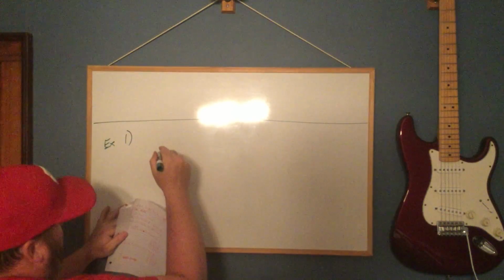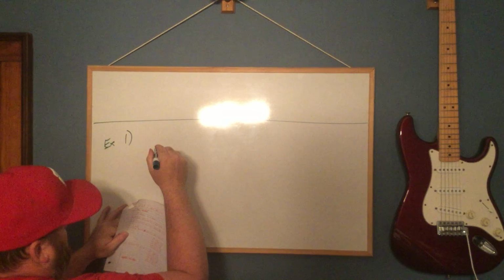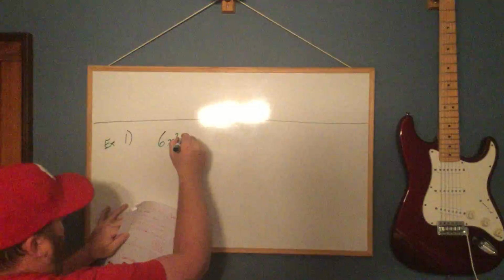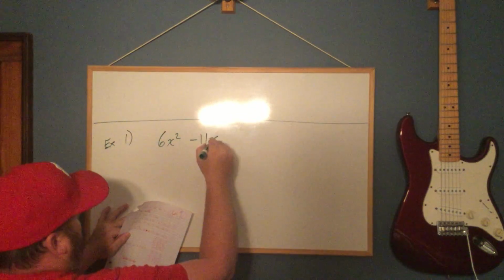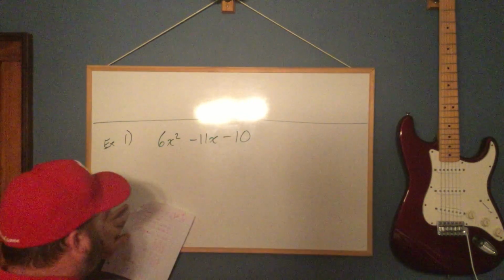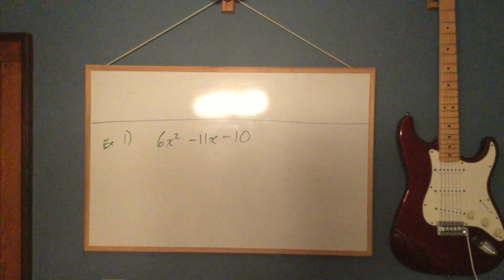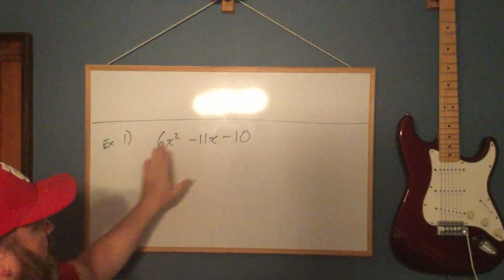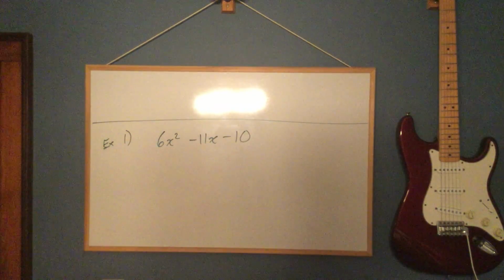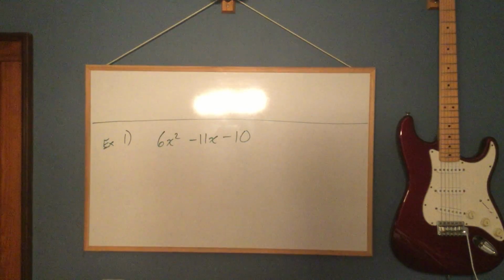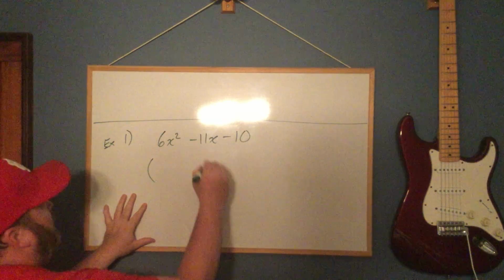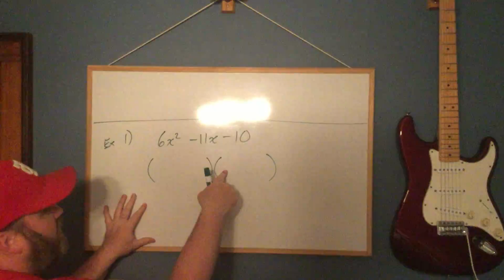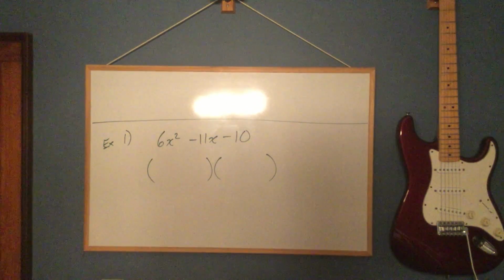If we have 6x squared minus 11x minus 10. Now, the perfect scenario is that one of these two numbers, a or c, is prime. Because if it's prime, you can automatically, like if that was a 3, I could put 3 and 1 right here, because there aren't any more factors.